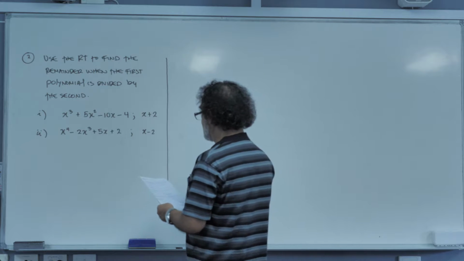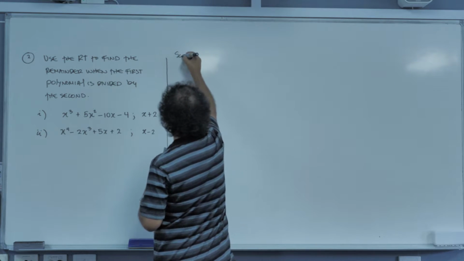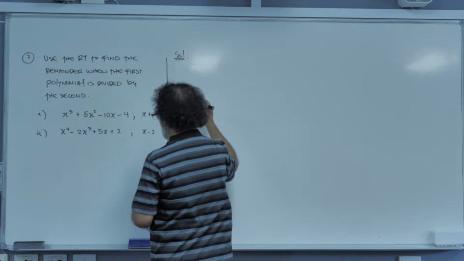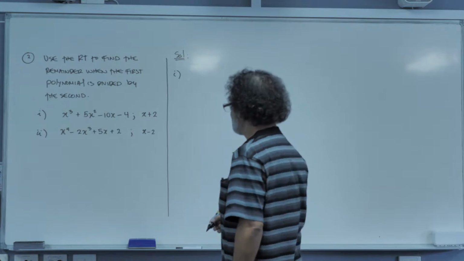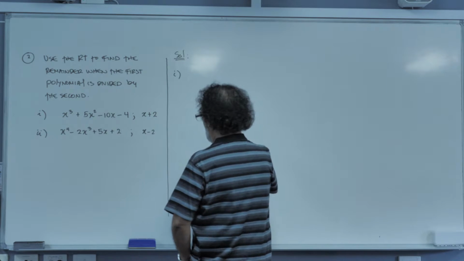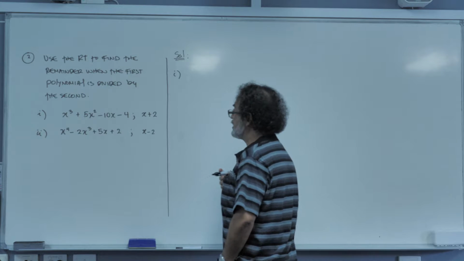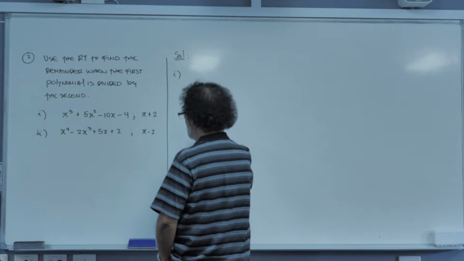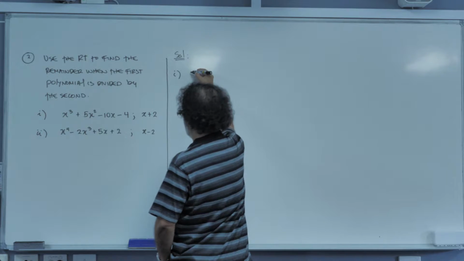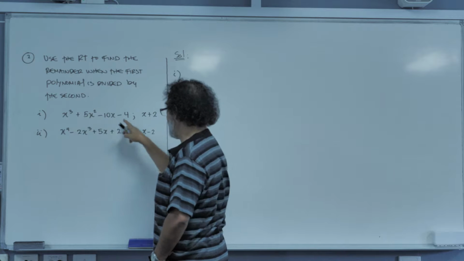All right, so we're going to say solution. For the first one, because we are going to use the remainder theorem, we know that the remainder is going to be just -2 evaluated in that expression.